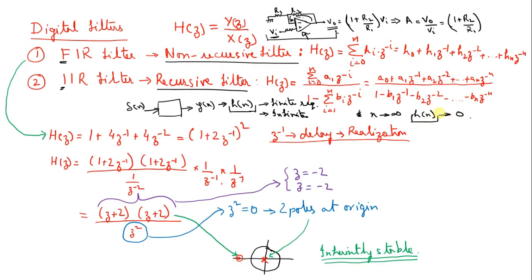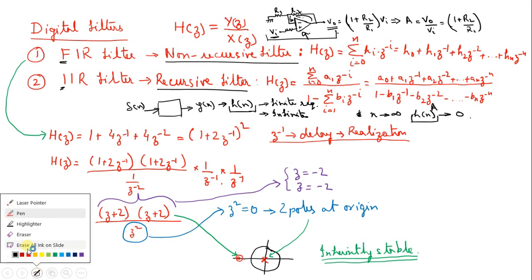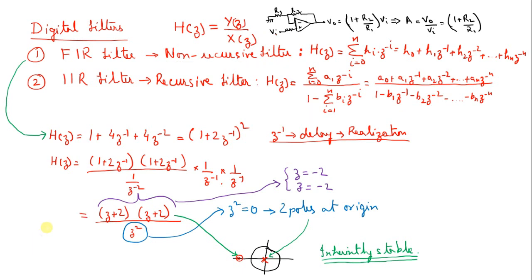That means you can say the output sequence or the amplitude values should tend to 0 for a system or a filter to be stable in nature. So this is the difference between the FIR and IIR filters.